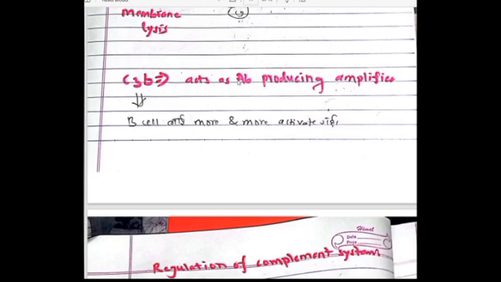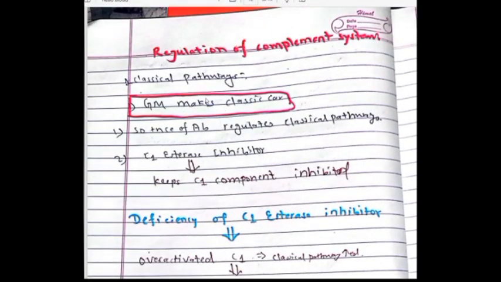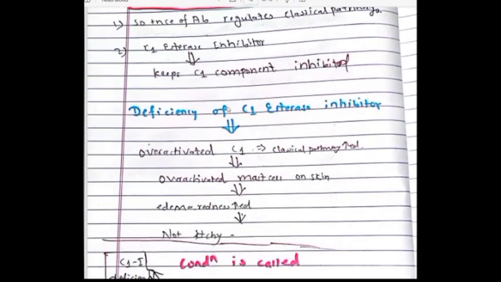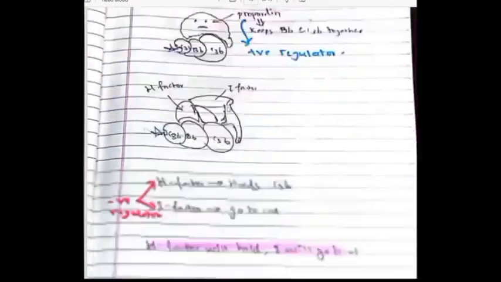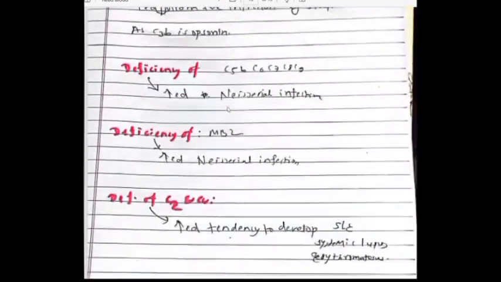C3b acts as an antibody producing amplifier. It activates B cells. GM makes classic car in the classical pathway.